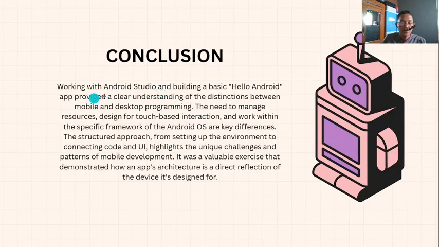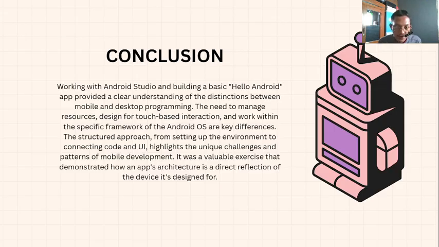Conclusion. Working with Android Studio and building a basic Hello Android app provided a clear understanding of the distinctions between mobile app and desktop programming. The need to manage resources, designed for touch-based interaction, and working within the specific framework of the Android OS are key differences.